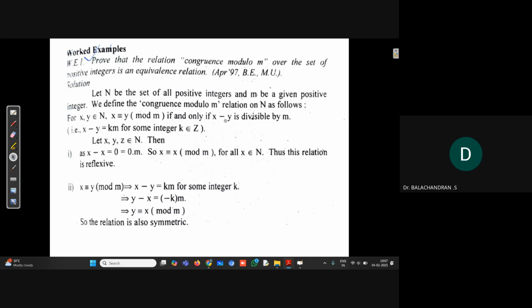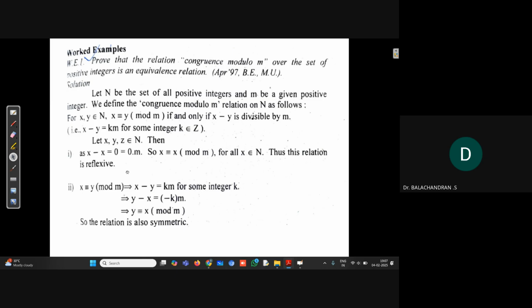I'm going to calculate x minus x, which is equal to 0. You can write 0 as 0 times m, and hence x minus x is divisible by m. That's why we can write x is congruent to x mod m. This is true for all x belongs to capital N.